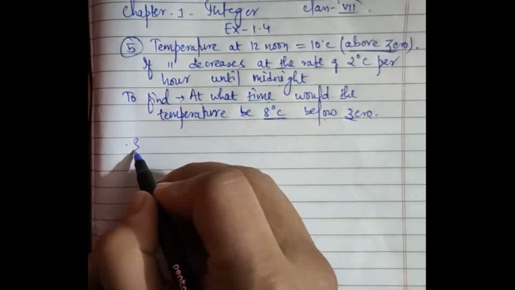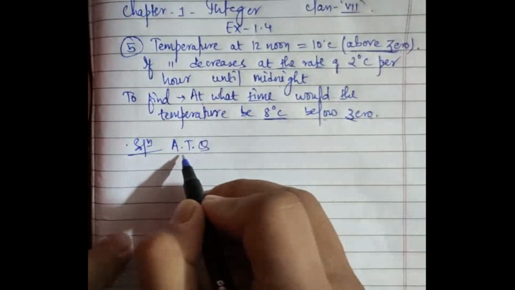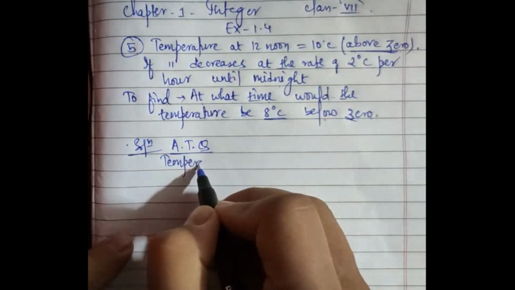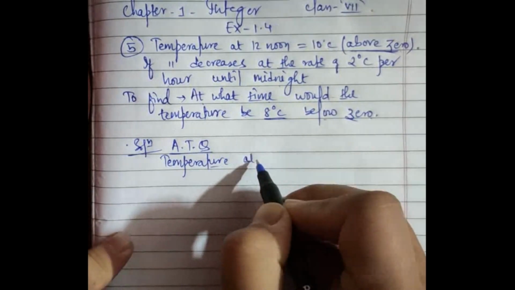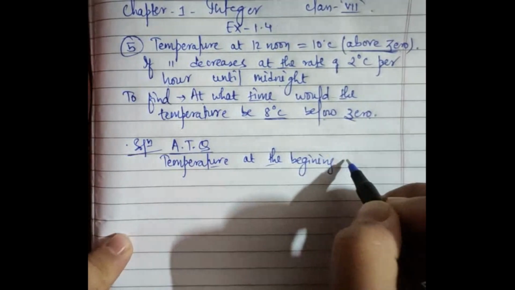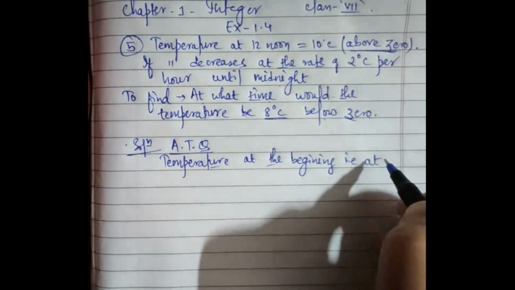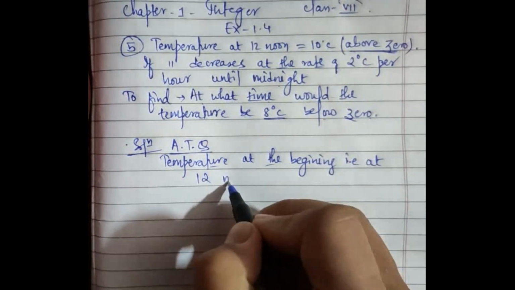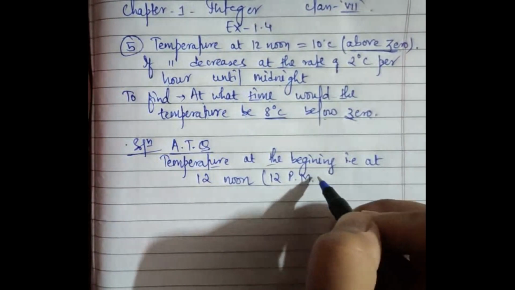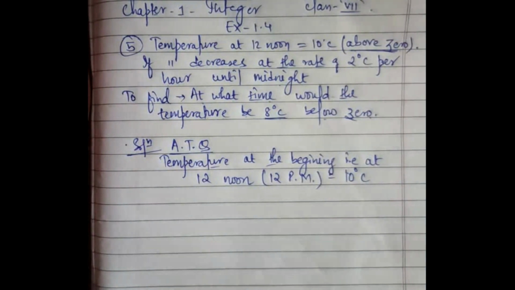Let us write the solution. ATQ, according to the question, the temperature at the beginning, that is at 12 noon, that is 12 PM, is equal to 10 degrees Celsius.